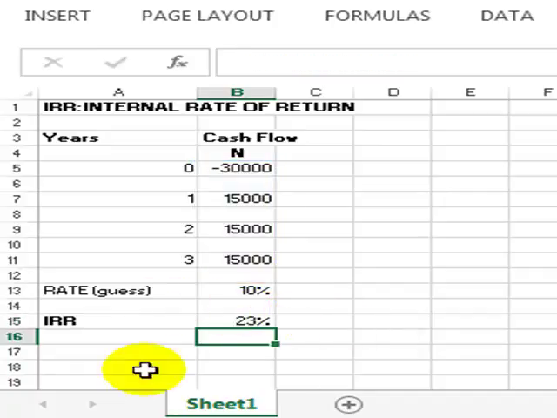Then, in order to see if this project is economically viable or not, we have to compare this with the prevailing interest rate of 21%, and our conclusion is that it is economically viable for the firm to invest into this particular project.